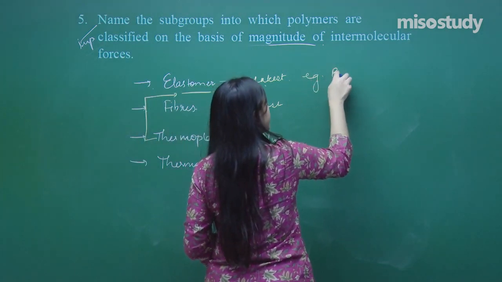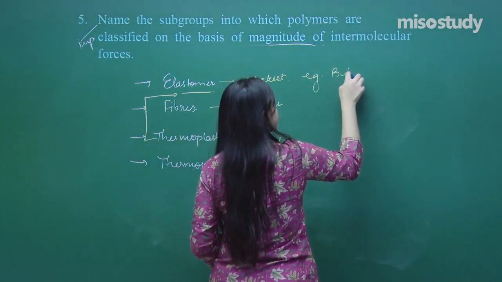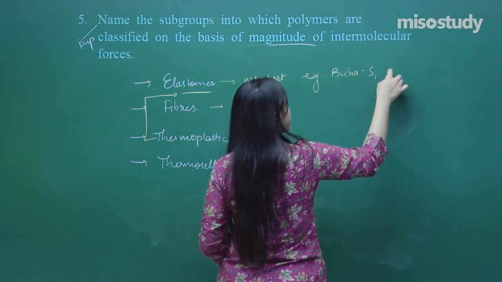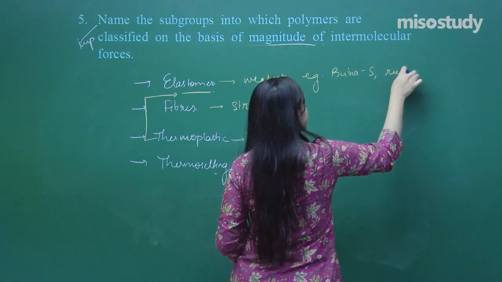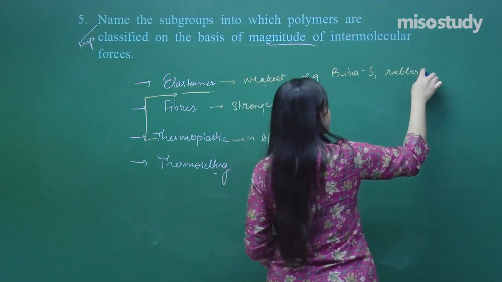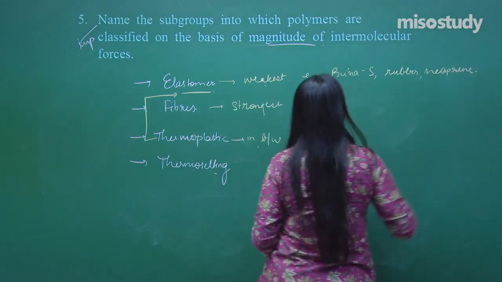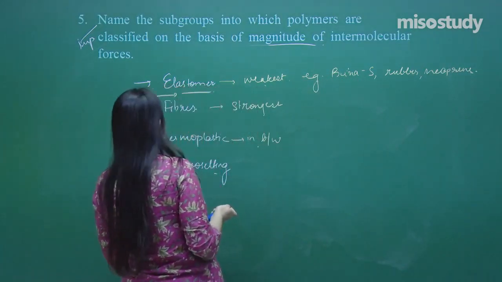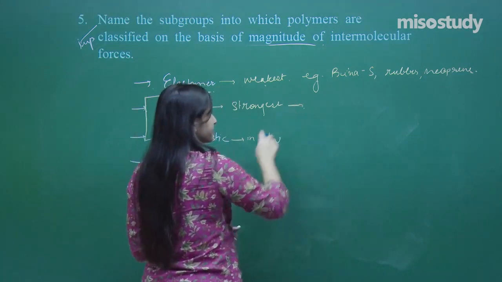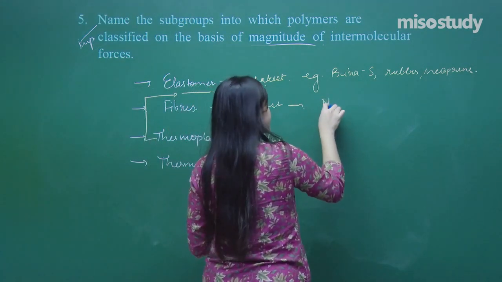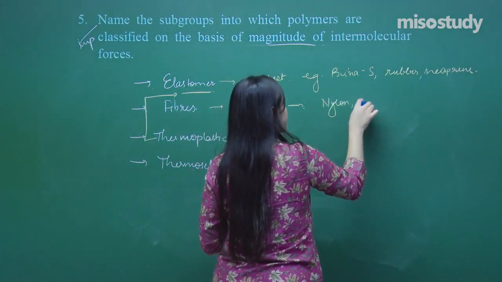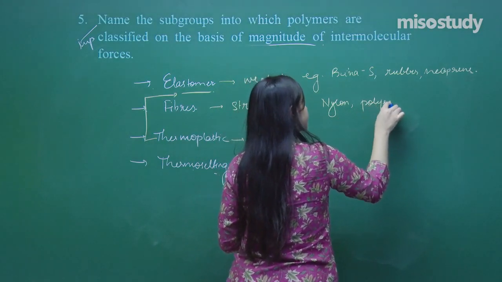Example, Buna S, and rubber. In rubber I can have neoprene, right, etc. And in fibers what do I have? Nylon, polyester we can have.